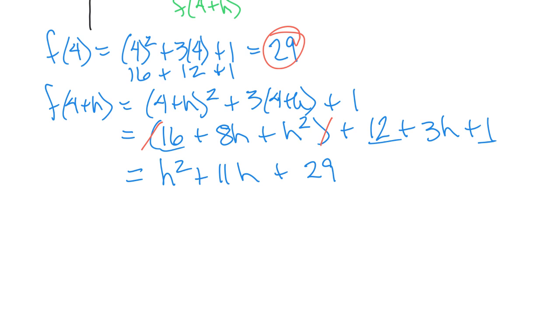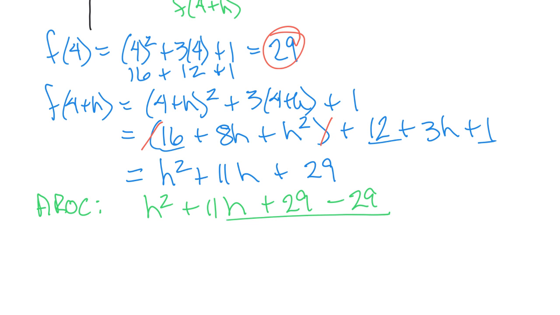Okay, so now we're ready to find our AROC, which is h squared plus 11h plus 29 minus 29, all over h. 29 minus 29 is 0. And let's factor an h out of that numerator right away.